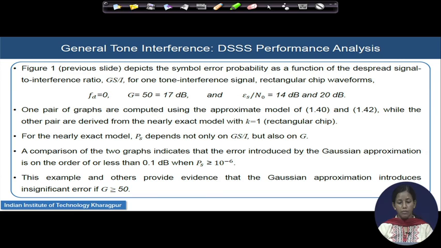So, the solution is that if we choose a large processing gain, then even if our tone interference is not exactly on the center frequency, but is really close to the center frequency of transmission, the deviation in the error probability will be hardly affected, by 0.1 dB to 0.5 dB, which is not that important.